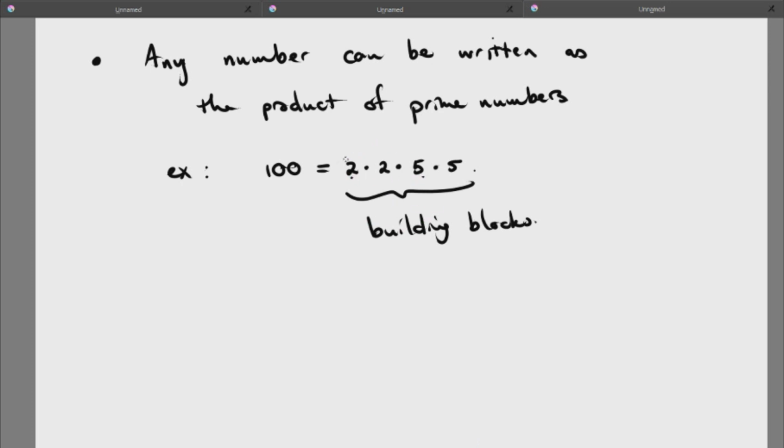So instead of analyzing 100 and seeing what it can do, how good is it, how useful is it for whatever needs I have, it depends on how 2 and 5 behave, because they make up 100. Now we write this in a short version, 2 squared times 5 squared, but it's the same thing.